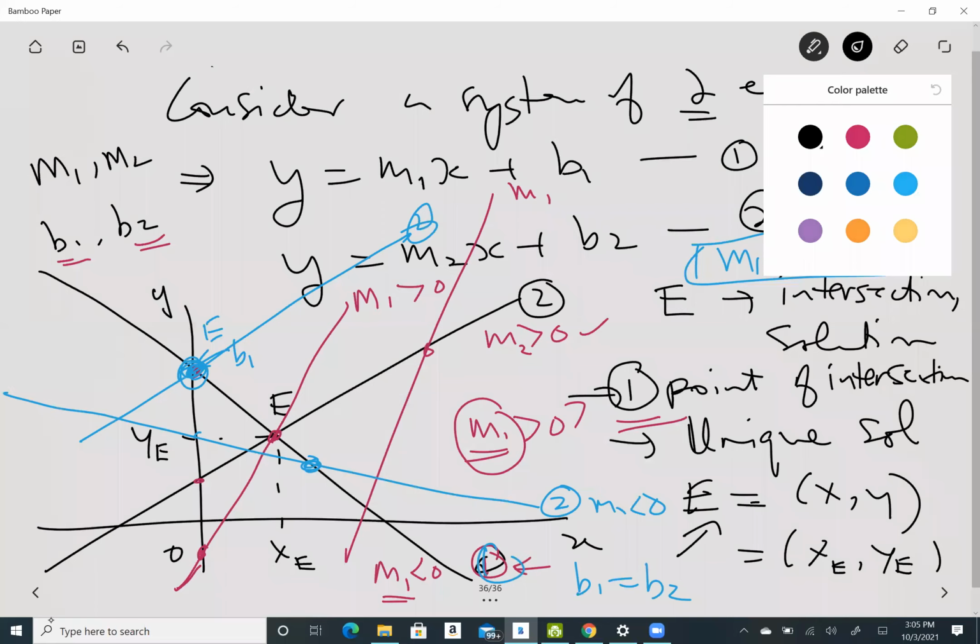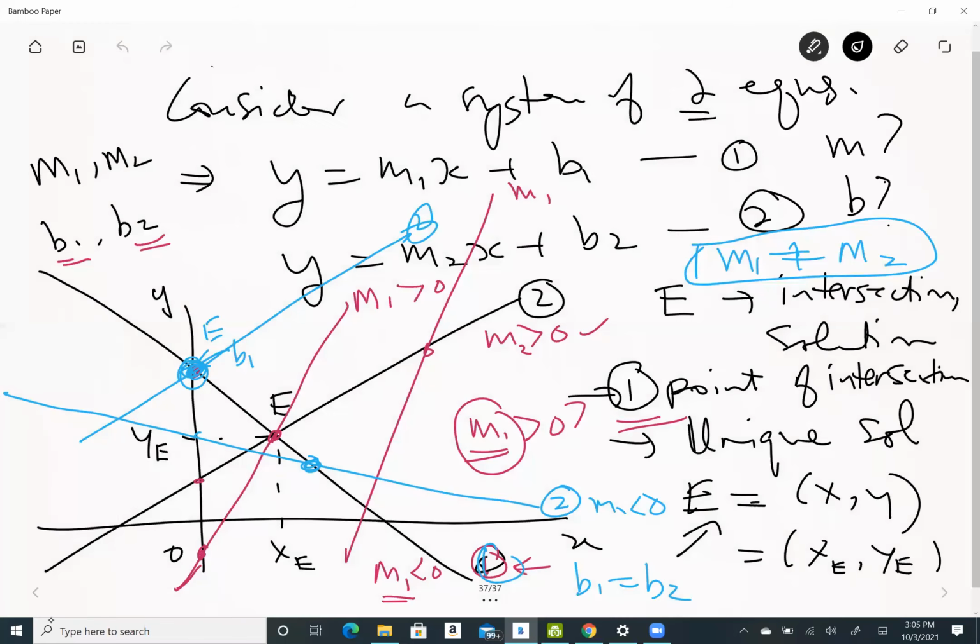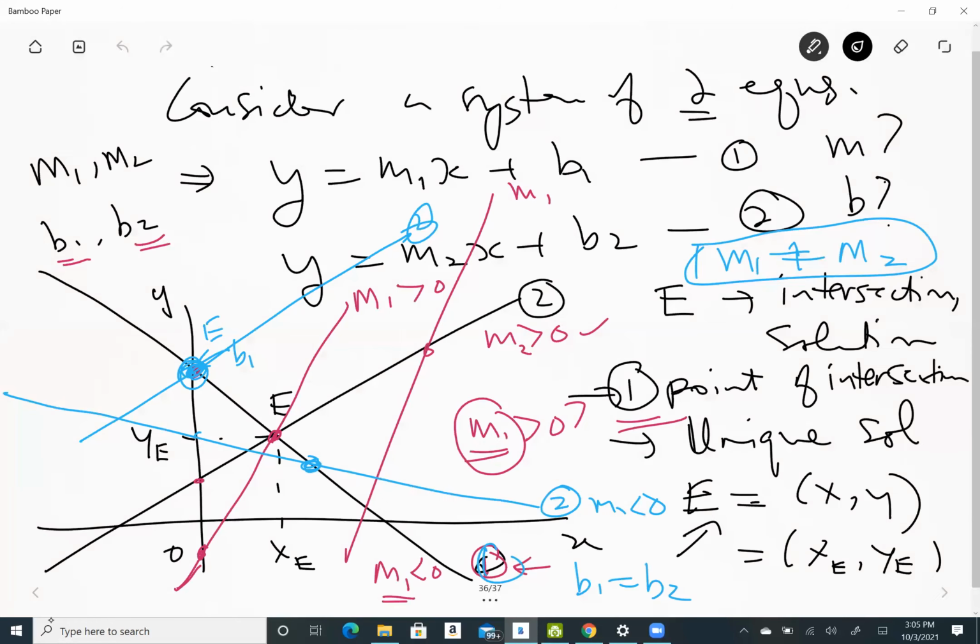All right. Now, what about if there is no solution? You cannot find any point of intersection between the two lines. Then how come you have that? Let's say line number 2 is here.